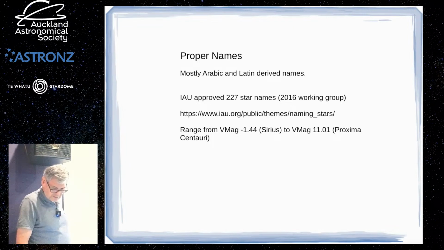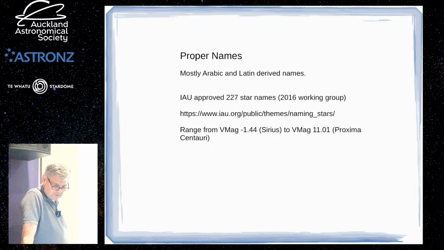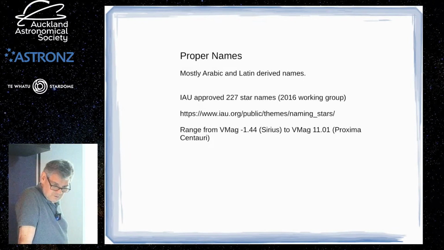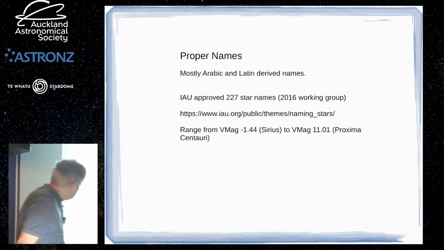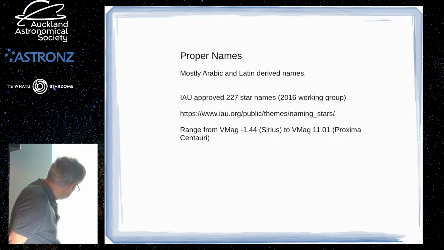As far as proper names go, they're mostly Arabic derived or Latin derived. The IAU approved 227 star names, as at 2016, when a working group was established.